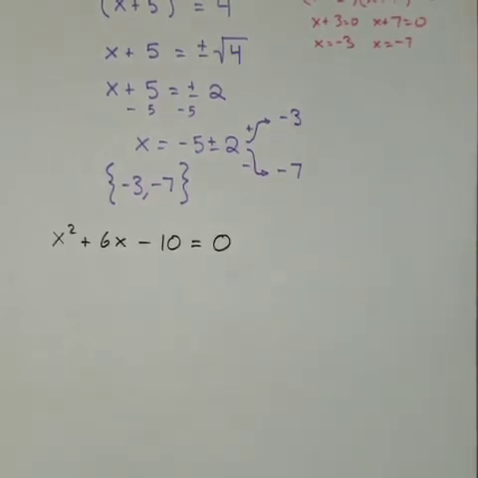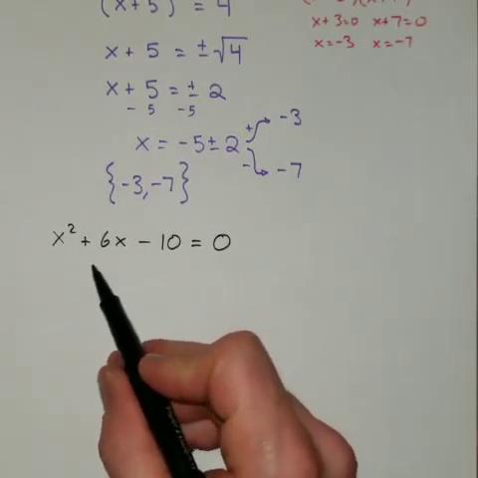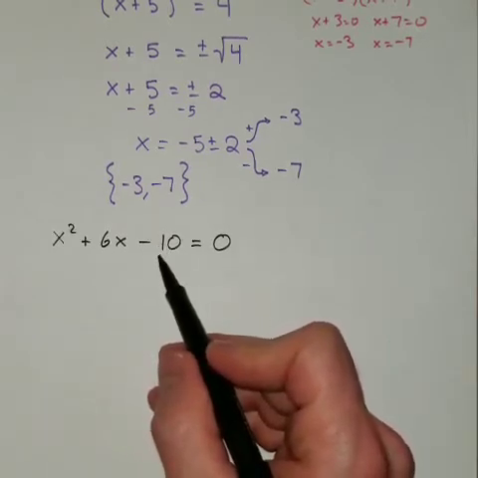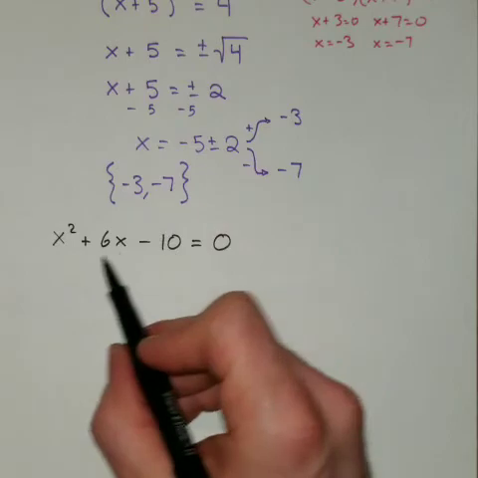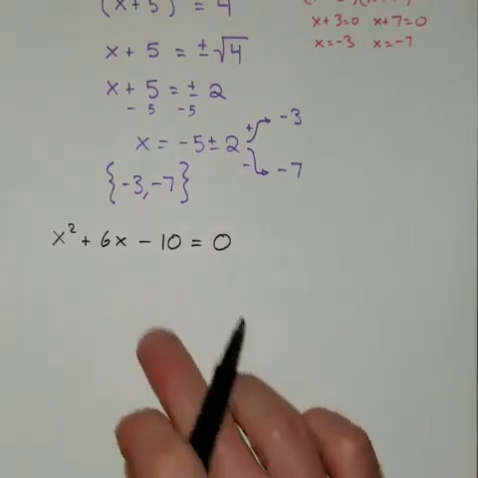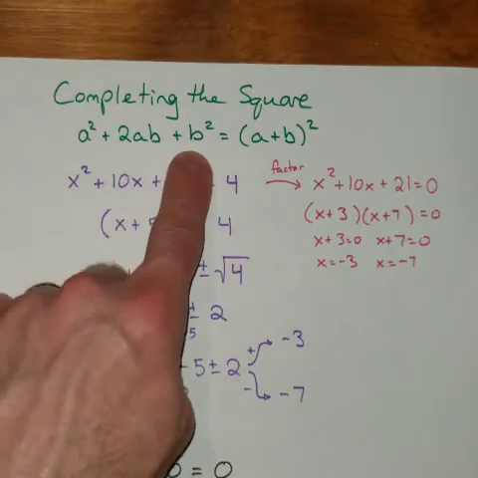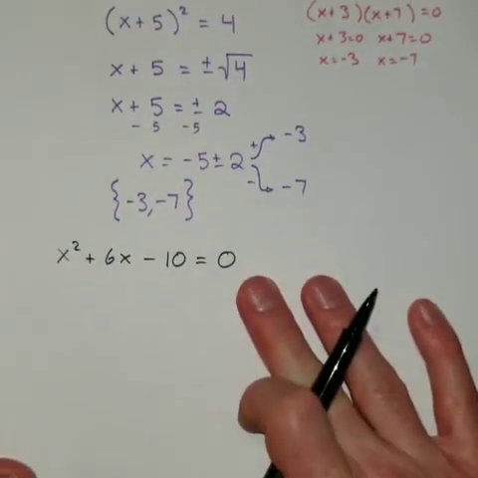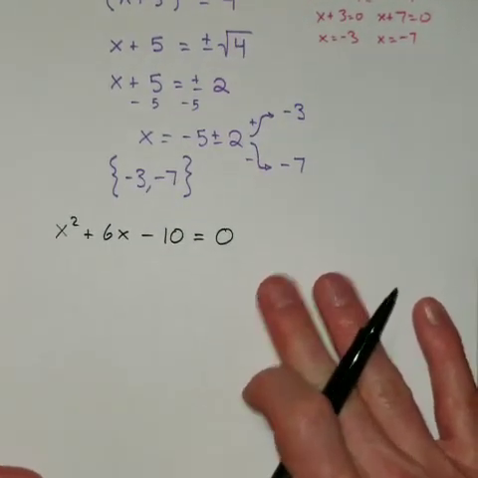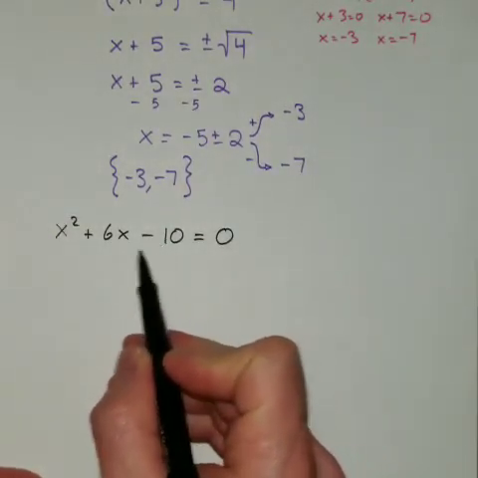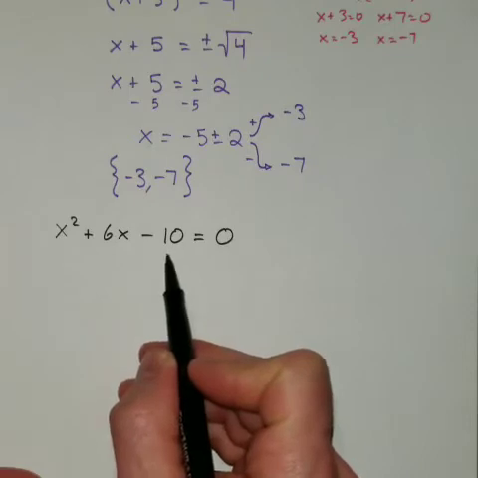Here I don't see a perfect square trinomial. I don't even have a perfect square on the end. So what I need to do is create a perfect square trinomial. I need to make the left side look like the left side of this formula. To do that, I need to get rid of this constant and give myself an empty space to work with.